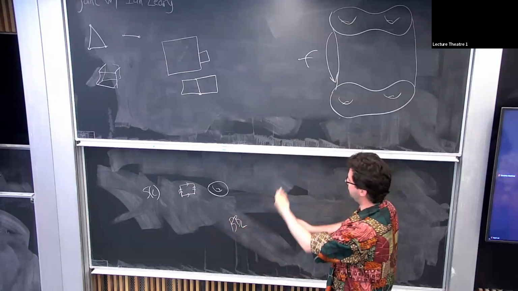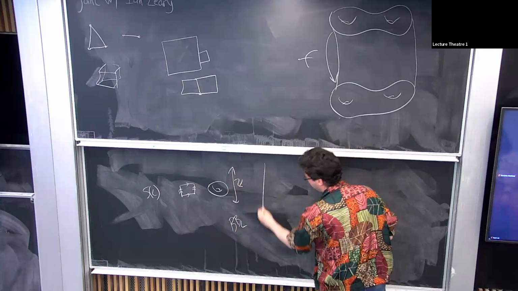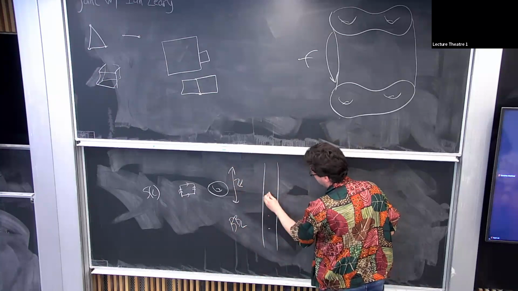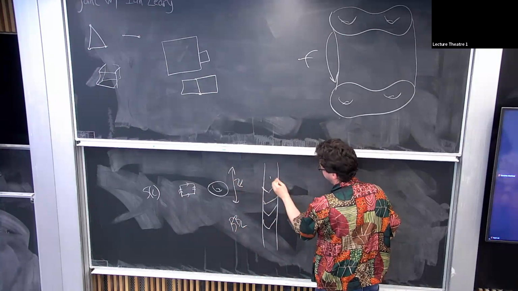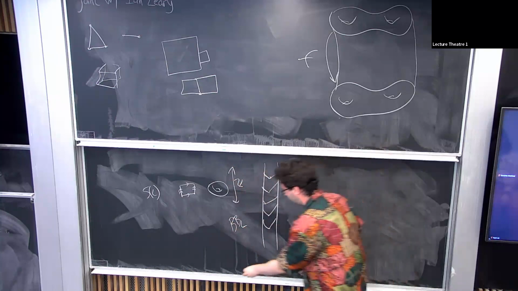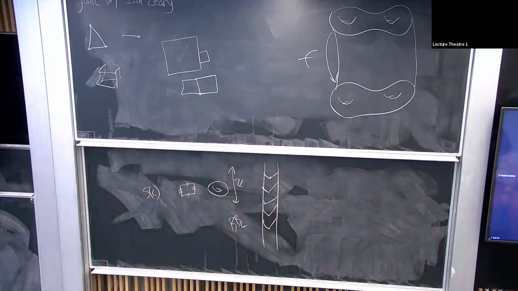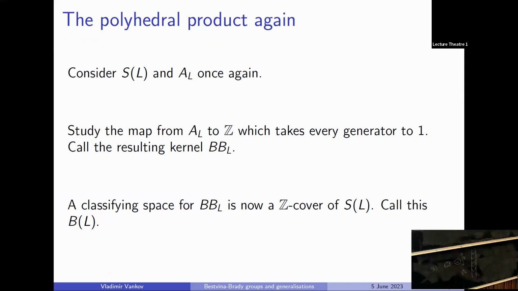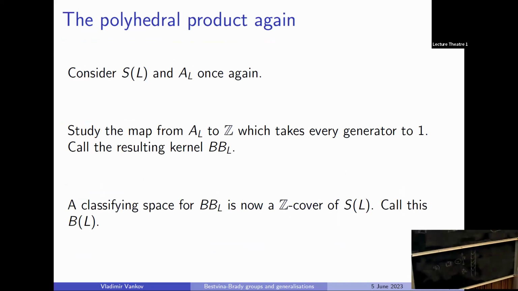It's just going to be a Z-cover of this. So we can think of this as a cylinder. So this cylinder will just be a Z-cover of the Salvetti complex, and its fundamental group is BB_L. So let's call this cylinder B_L. We'll come back to it later.